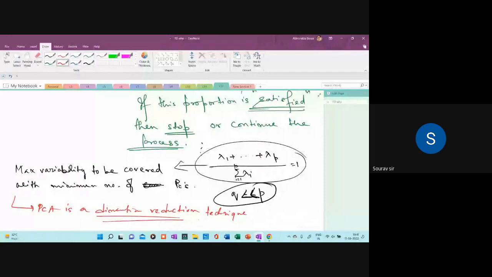Okay, now going for the adequacy of these principal components. So I'm going for this testing procedure.